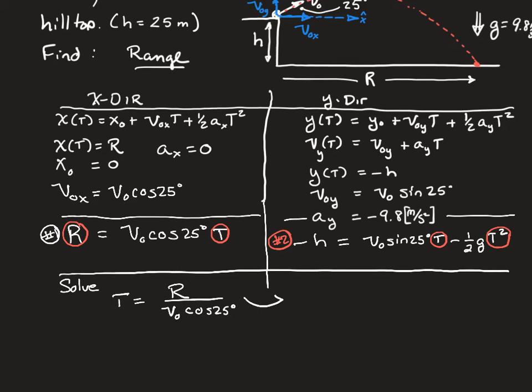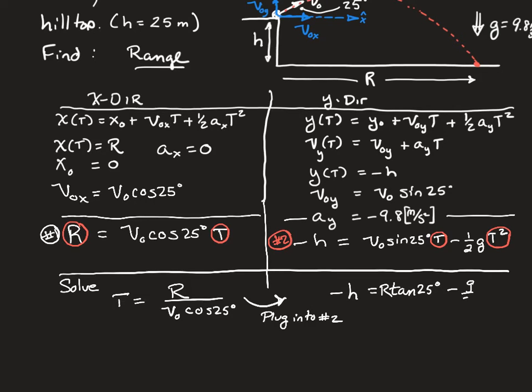And now I can plug into number 2. So that'll give me minus h equals tangent 25 degrees, putting that cosine on the bottom there for plugging in for t, times range. The v naughts cancel out, and that's about it.